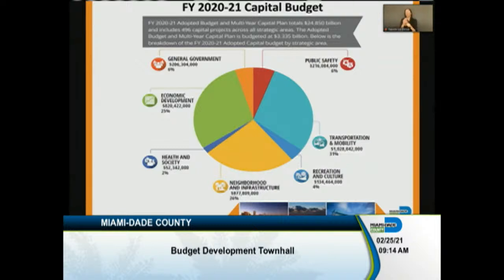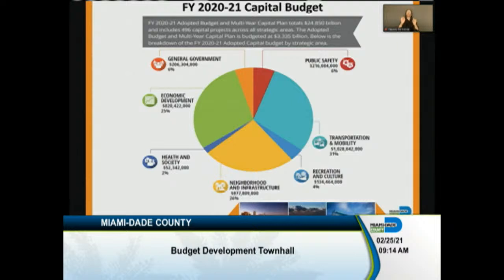The slides provide a breakdown of our capital program by strategic area. Examples of some capital programs include our public safety strategic area, which includes projects to construct new fire rescue stations. Police department projects include various infrastructure improvements at the Miami-Dade Public Safety Training Institute, where our officers train.